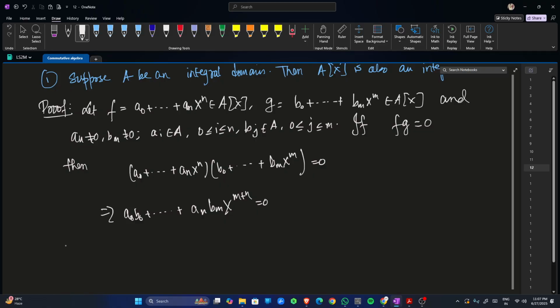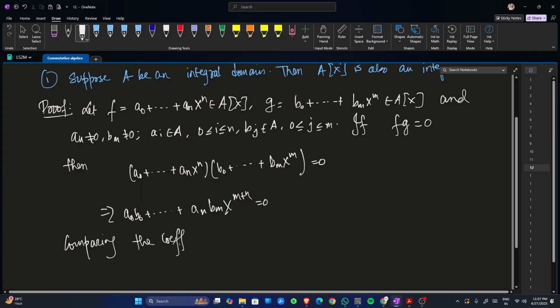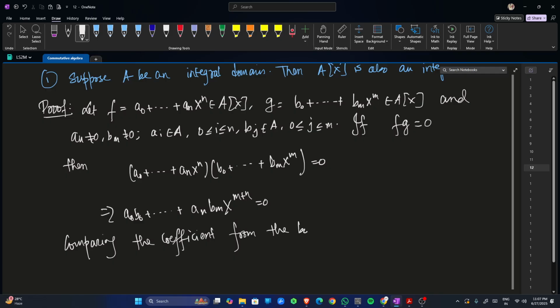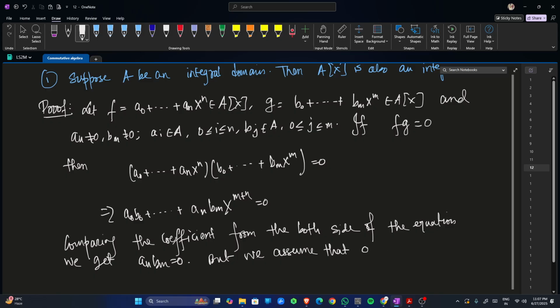Okay, so now comparing the coefficient from both sides of the equation, we get an bm equal to 0, but we assume that an not equal to 0, bm not equal to 0.